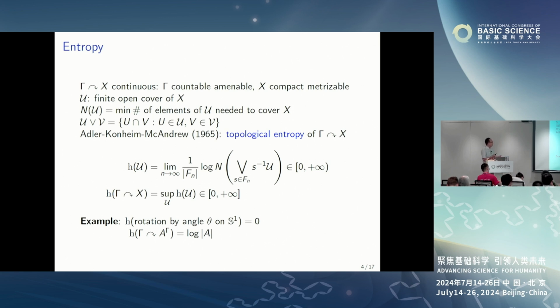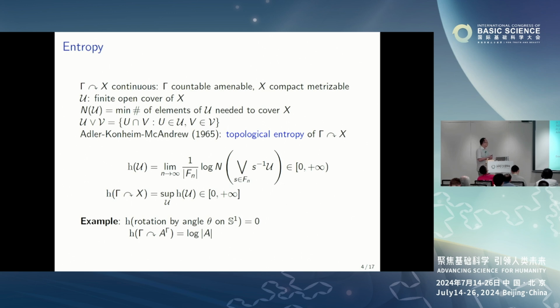This is non-trivial, but there are theorems there, basically the Ornstein-Weiss lemma, guaranteeing that the limit always exists. And this limit is always non-negative and finite. So you get one number here, and this number depends on the finite open cover.